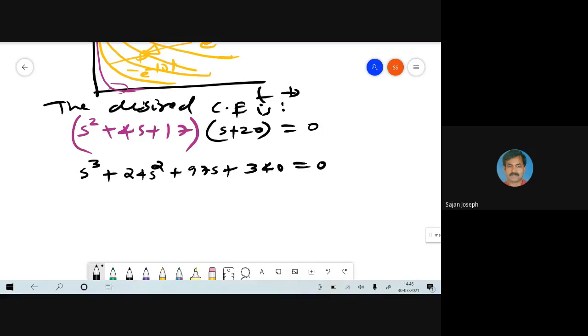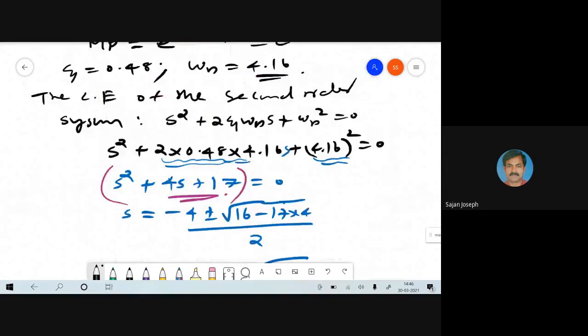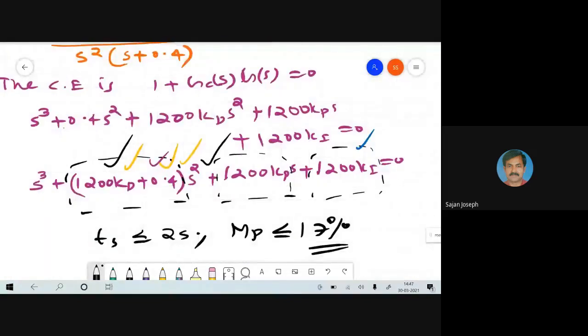And after adding the controller, what is the characteristic equation? Let me rewrite that.